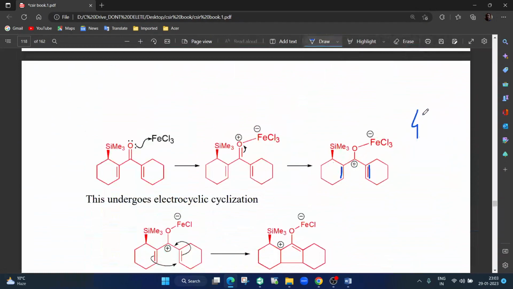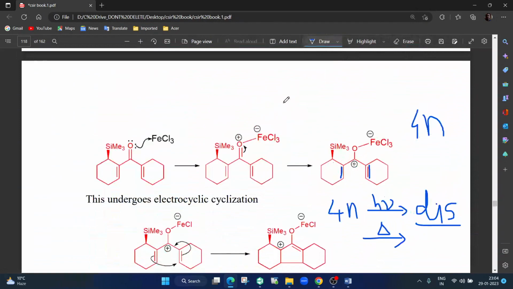4n system. For electrocyclic reaction, you have to remember just one formula, everything else can be done. It is 4n h nu dis. That's what I remember. You can remember something else also. So if a 4n system is there and you do it under photochemical condition, it will be dis. When a 4n electrocyclic reaction happens under thermal condition, and here it is thermal condition because they are not specifically telling light, even if it occurs at 0 degrees Celsius, it is thermal.